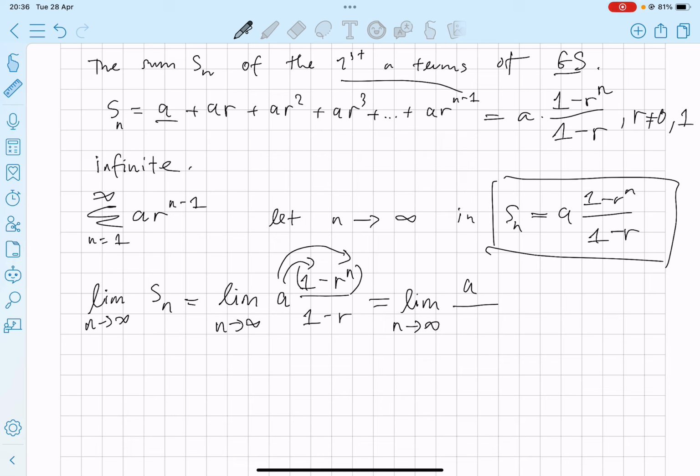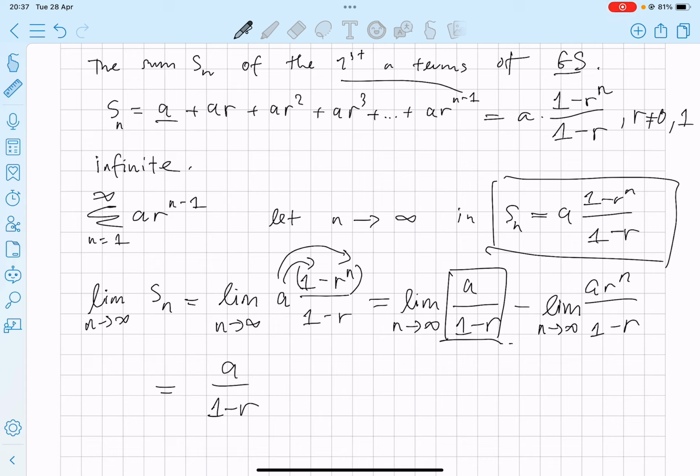So this first term is gonna be a over the denominator, and then minus the limit of a r to the n over 1 minus r. This first one is just a number, so we can get rid of the limit, and it's gonna equal a over 1 minus r, and then minus the other limit.